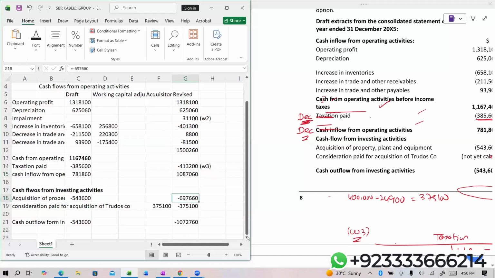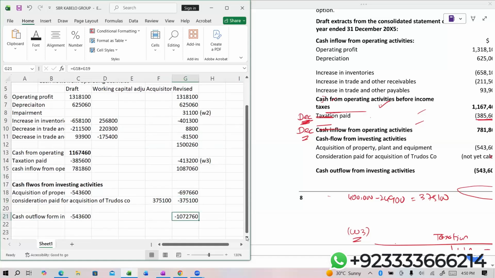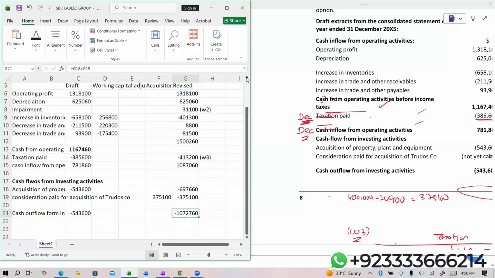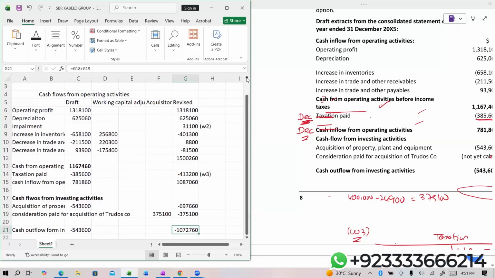I believe we calculated the same value. This was the consideration paid. If you recall, we have given 4 lakh. At acquisition, subsidiary was having 24,900. Difference is 3,75,100. And this is your cash outflow. I hope this pre-populated is clear to everyone. Quickly reply yes or no, please. I'm waiting.